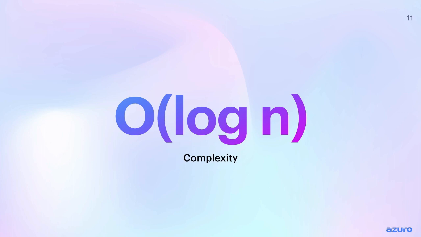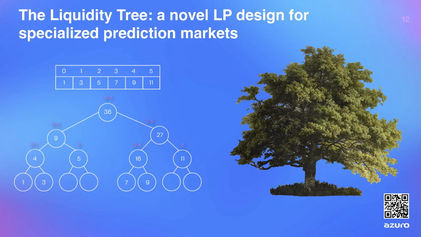For example, 1 trillion will be about 30 or something like this. I don't remember the exact amount. So how do we achieve it? We are using a special model called the Liquidity Tree. It's our own solution, based on a data structure called a segment tree. Probably someone has heard about that.